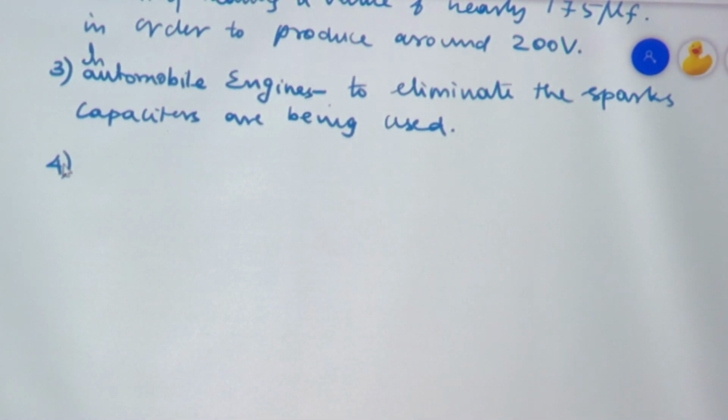If there is a power fluctuation in the home, the household appliances may get damaged. In order to avoid that, we use stabilizers. Inside the stabilizers, to increase the efficiency of the power, we use capacitors.